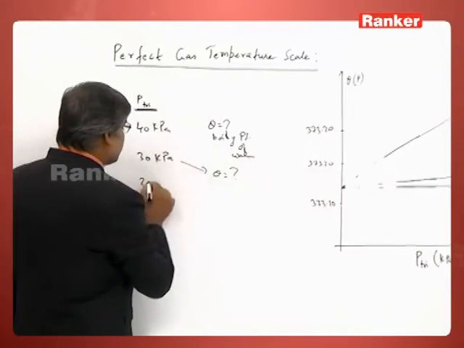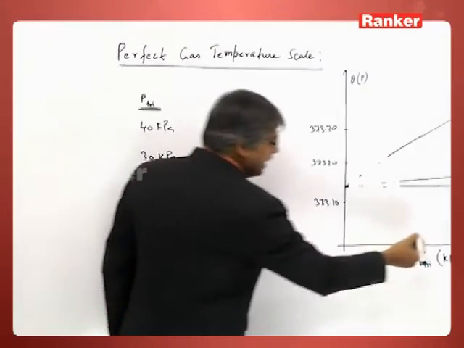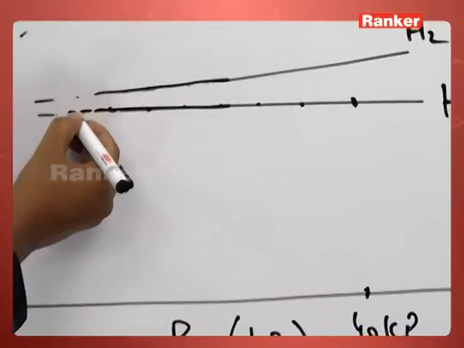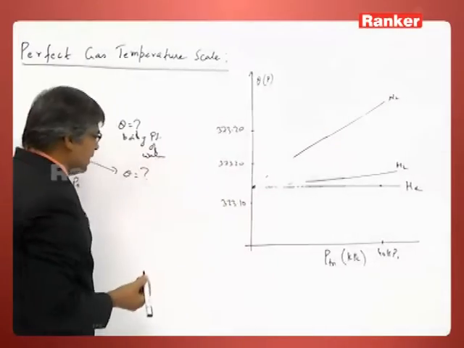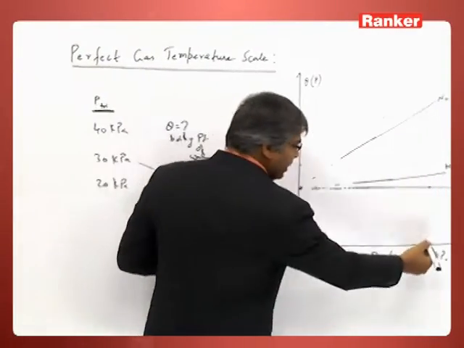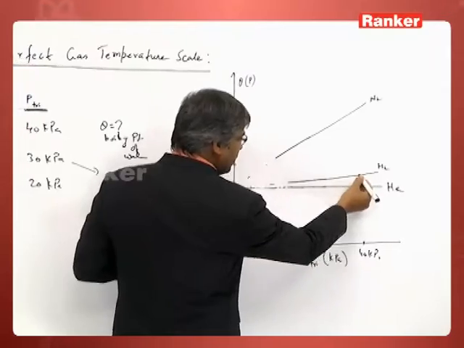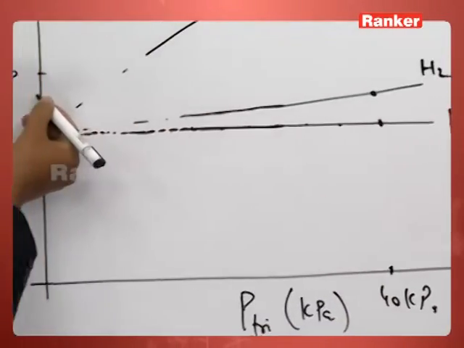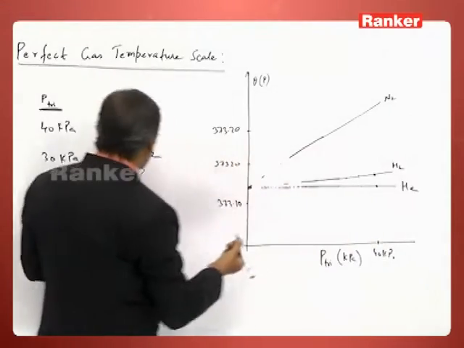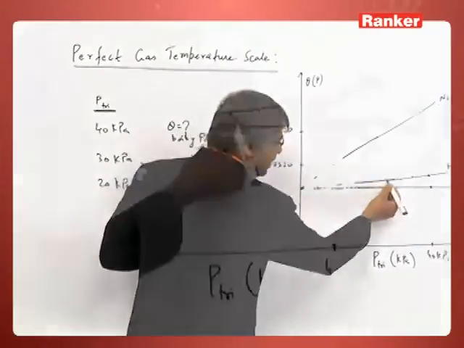Similarly with 20 kilopascal, we get further values. Now the same set of experiments when I carry out with hydrogen, initially the hydrogen gives a numerical value of this much, and as I lower the pressure at the triple point, I get these values.